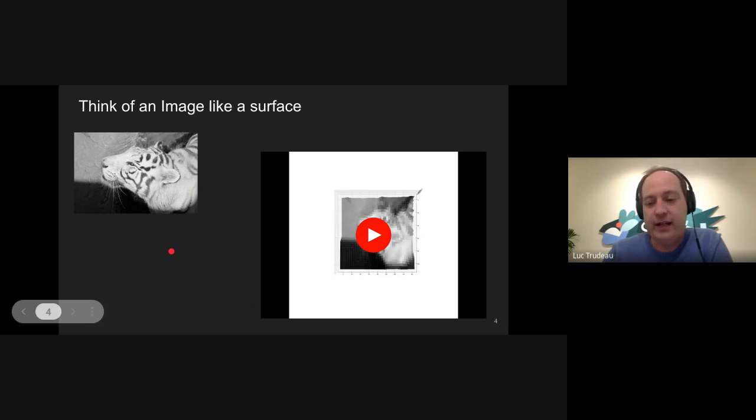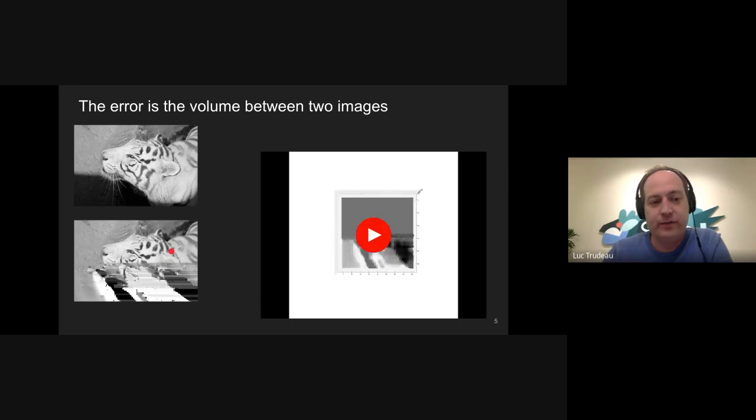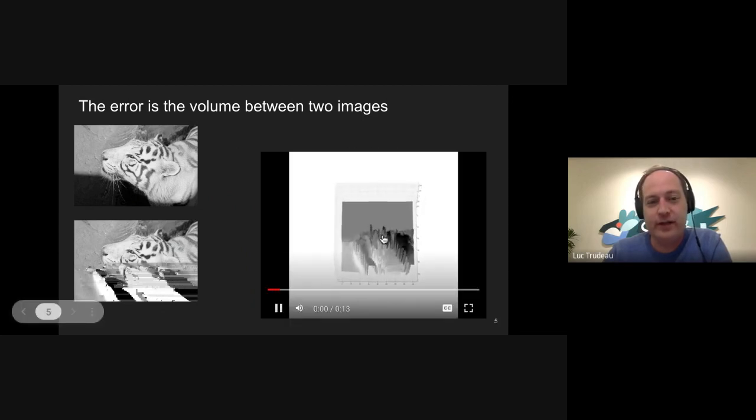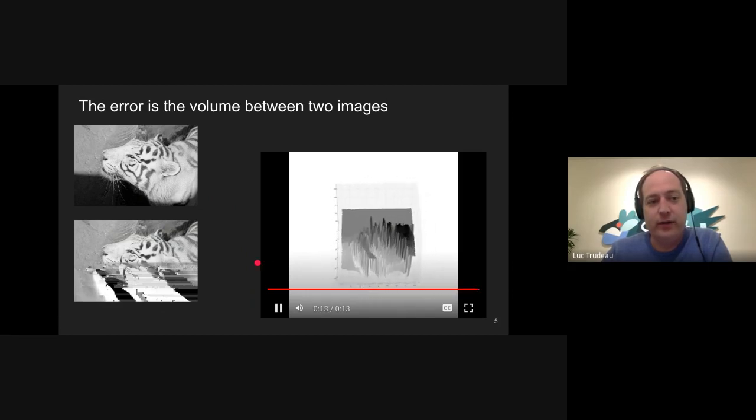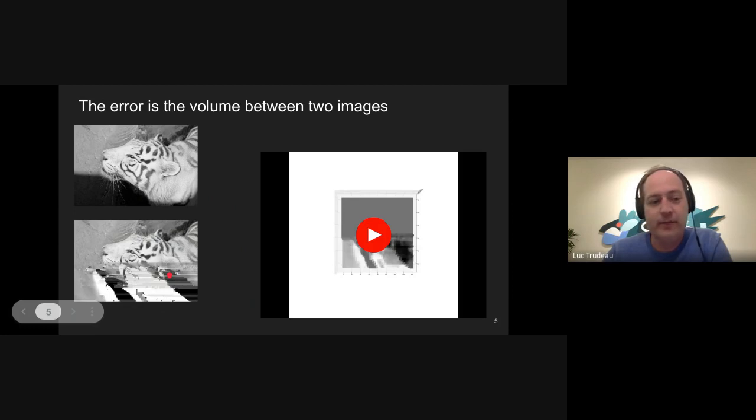That's going to help us a lot in understanding how metrics work, because when we add in our distorted image, we now have two surfaces, and we end up with a volume between them. This is going to be a bit hard to see, so just imagine it really hard with your imagination. But you can see that in the part where the images are the same, the top part here, this is flat, there is no volume. And then the volume starts to appear when the differences start, right?